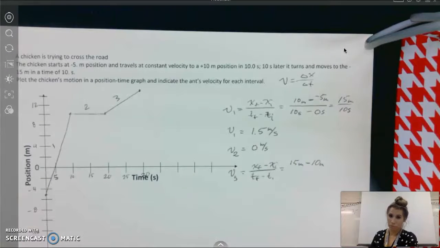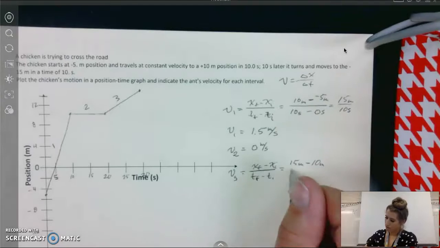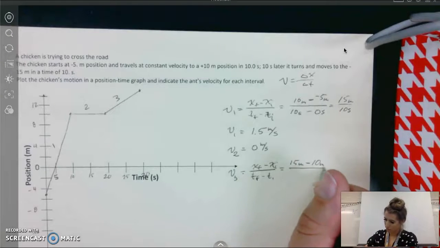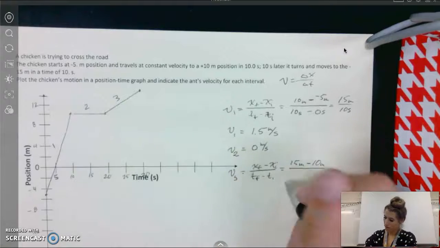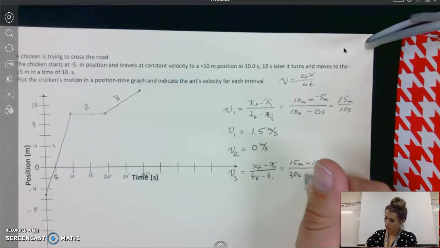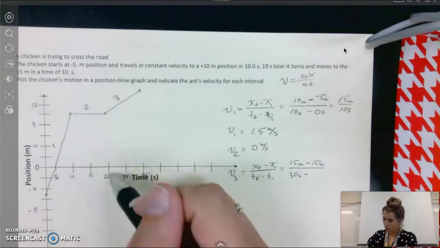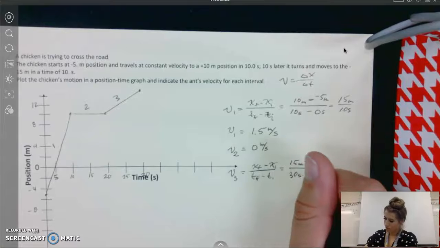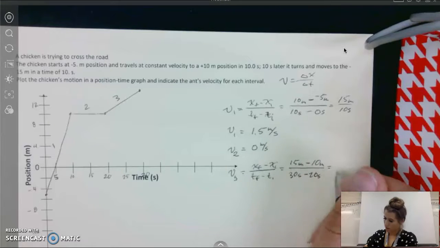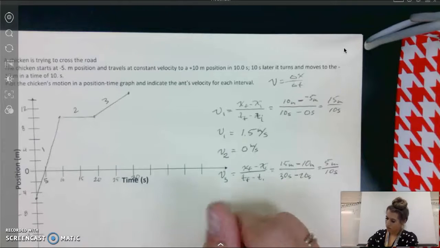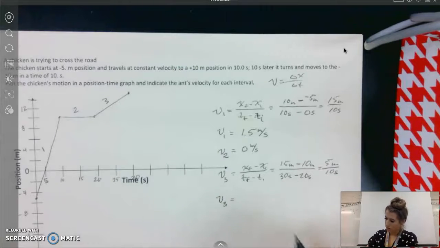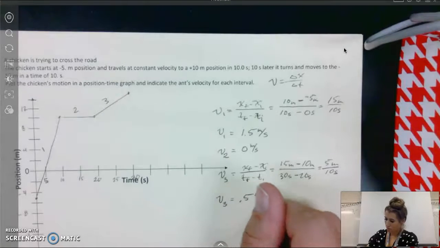Now the time component: my final time is at 30 seconds, and my initial time for this interval is at 20 seconds. So we have 5 meters over a span of 10 seconds, so my third velocity is 0.5, or 1/2, meter per second.